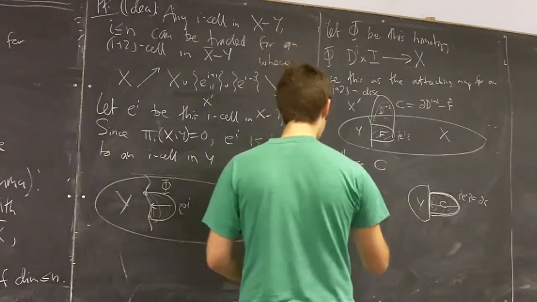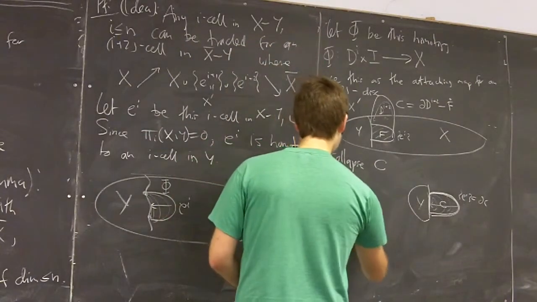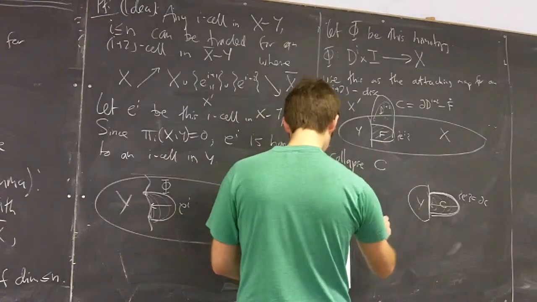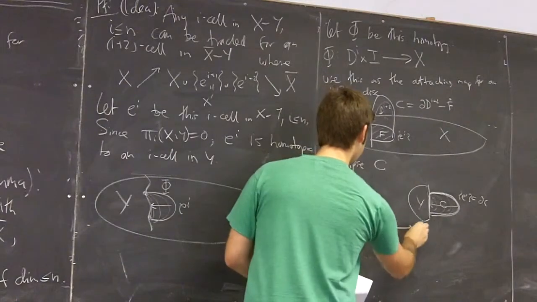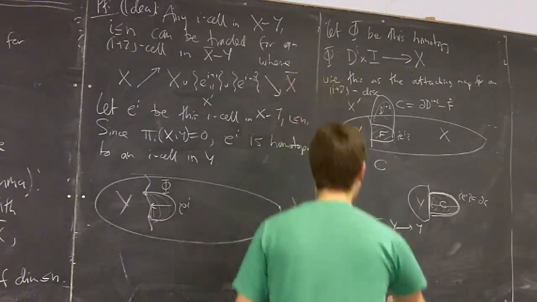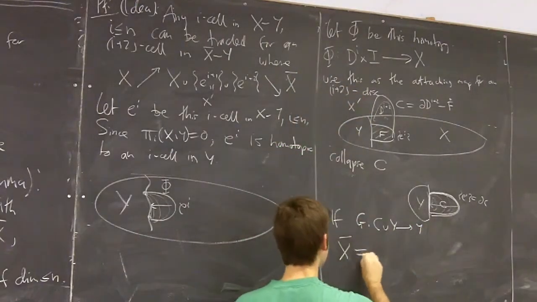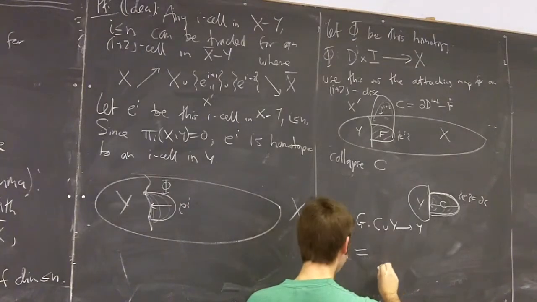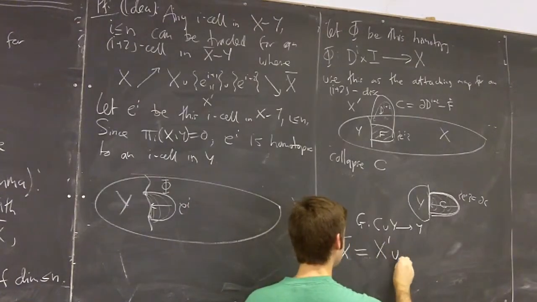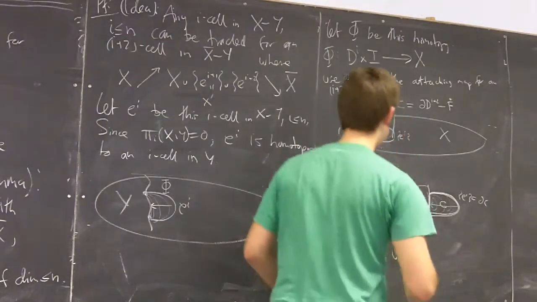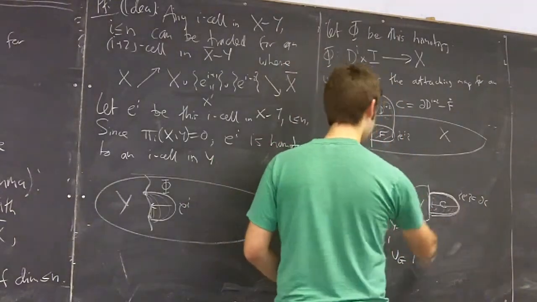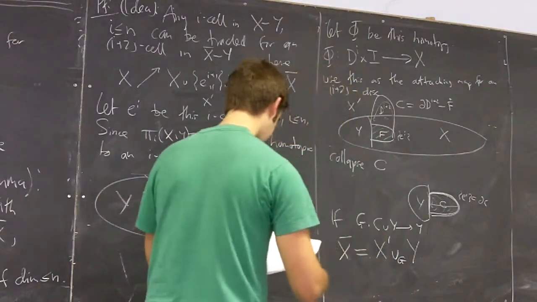So if G is this collapsing map from C union Y to Y, then X bar is just this collapse, X prime union G Y. So we're crushing C into Y.